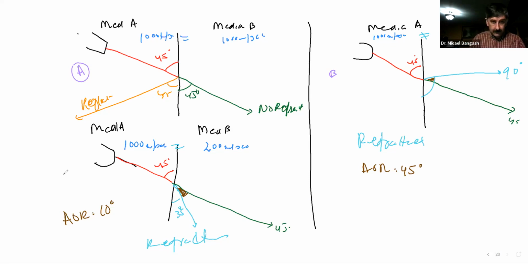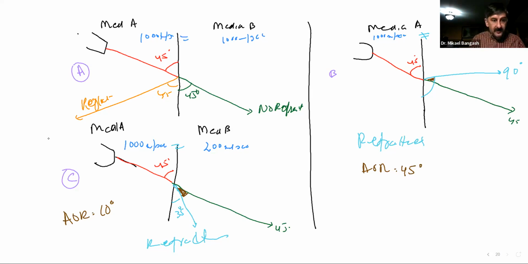Here in C, we still have the oblique incidence. We also have the different speeds. But here we see that it only deviated by an angle of 10 degrees. Clear? So why here 45 degrees and why here 10 degrees?